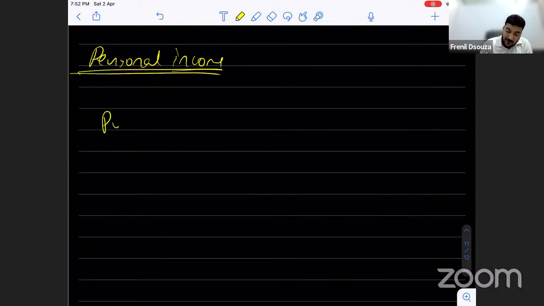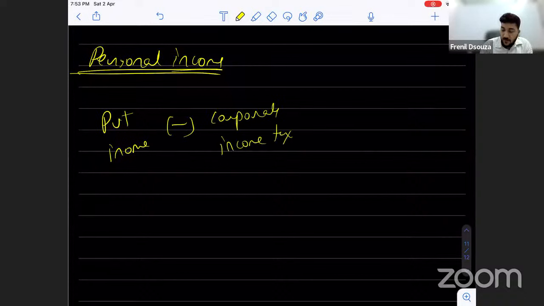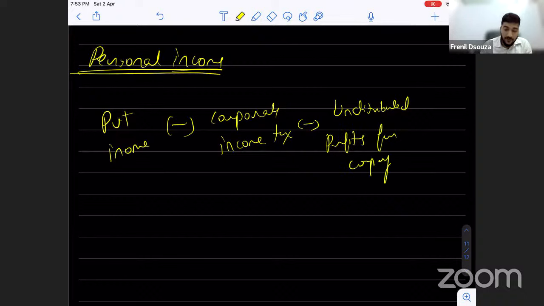First you calculate private income, and you minus something called corporate income tax, and then you also minus something called undistributed profits from companies. When you do that, you will get something called personal income. That's very interesting, right?